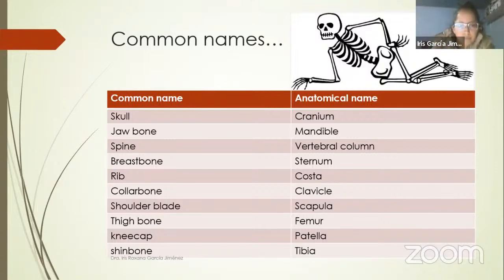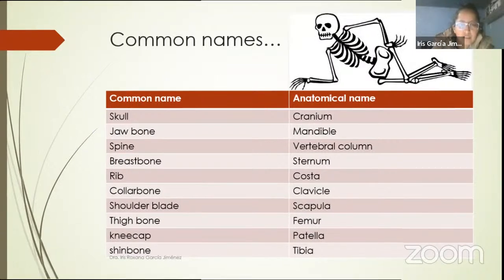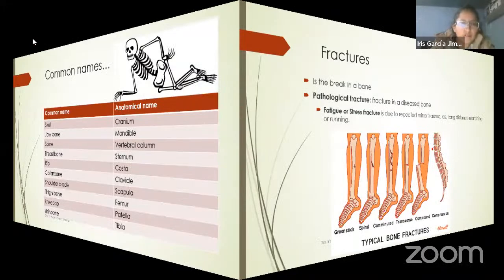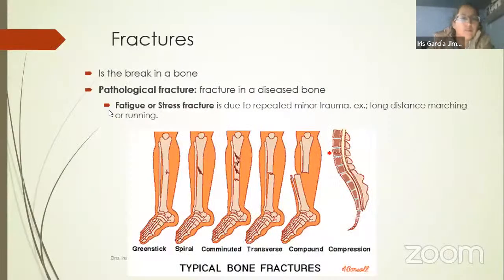So you can see this is a piece of cake maybe, but while writing down, we usually get confused and exchange them. So going ahead, talking about fractures, one of the most common situations that we can find, of course, is the break of a bone. We have the pathological fracture, a fracture in a diseased bone.